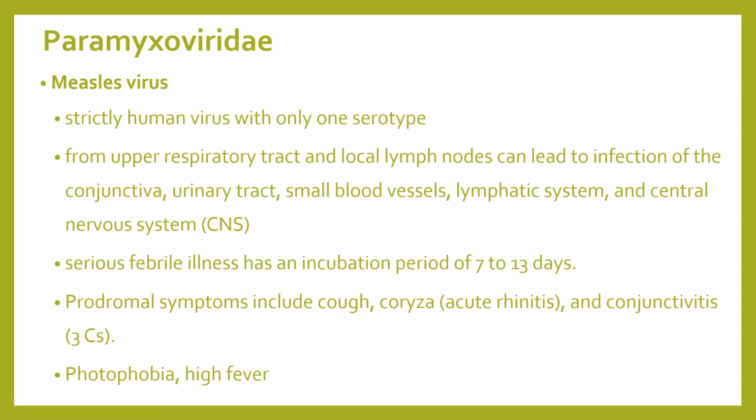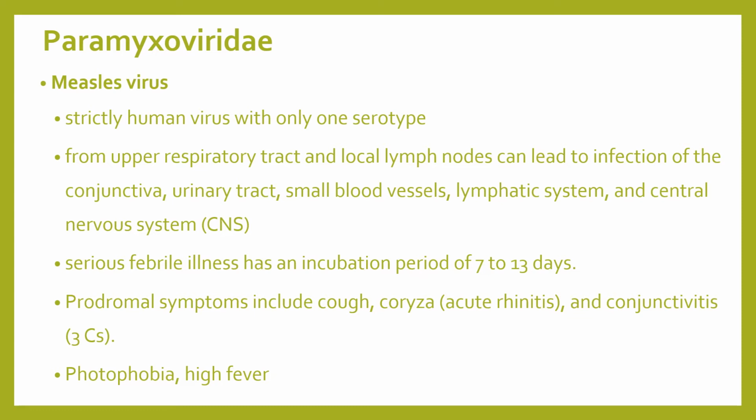Measles strictly infects humans, and it has only one serotype. It enters the respiratory tract and goes to the local lymph nodes. It can lead to infection of the conjunctiva, urinary tract, small vessels, lymphatic system, and central nervous system.